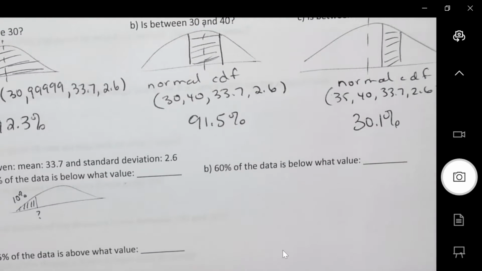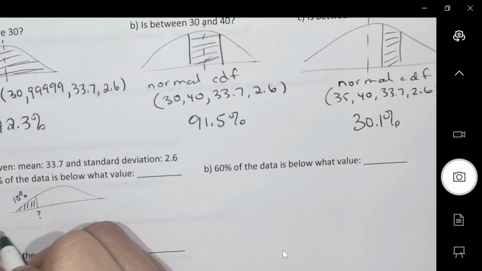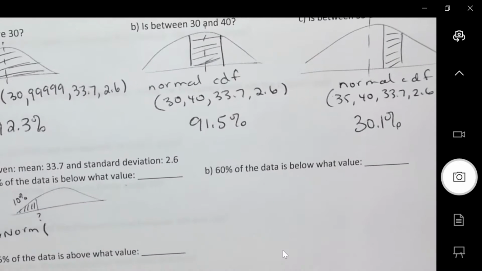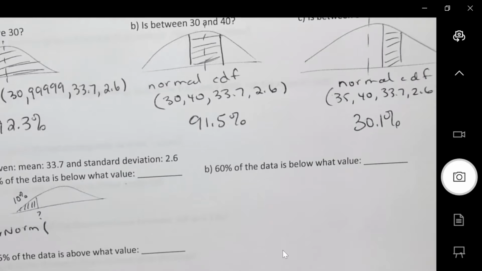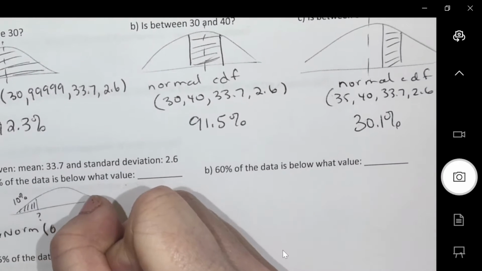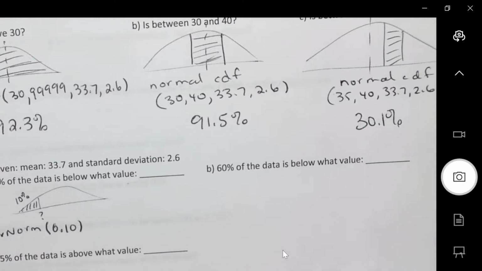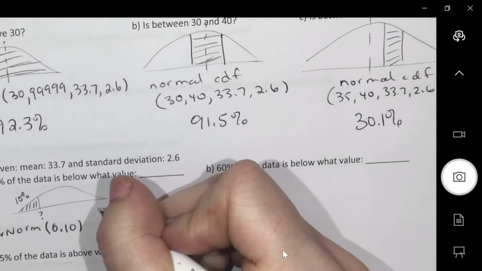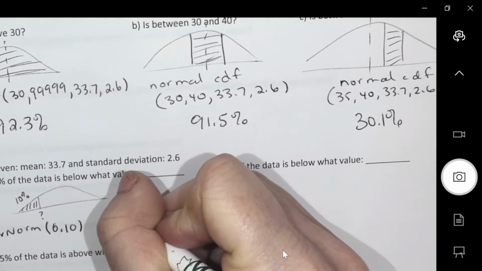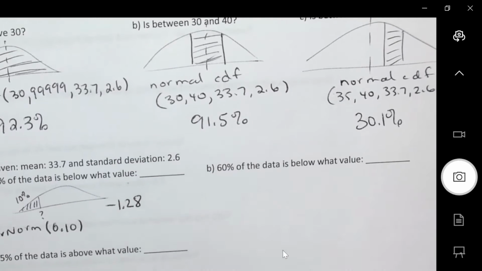So this is what I'm doing. I've been given 10% is below what? So I'm going to inverse norm what's below me as a decimal. That's what I'm going to do. So I'm getting negative 1.28, but that's not my answer.